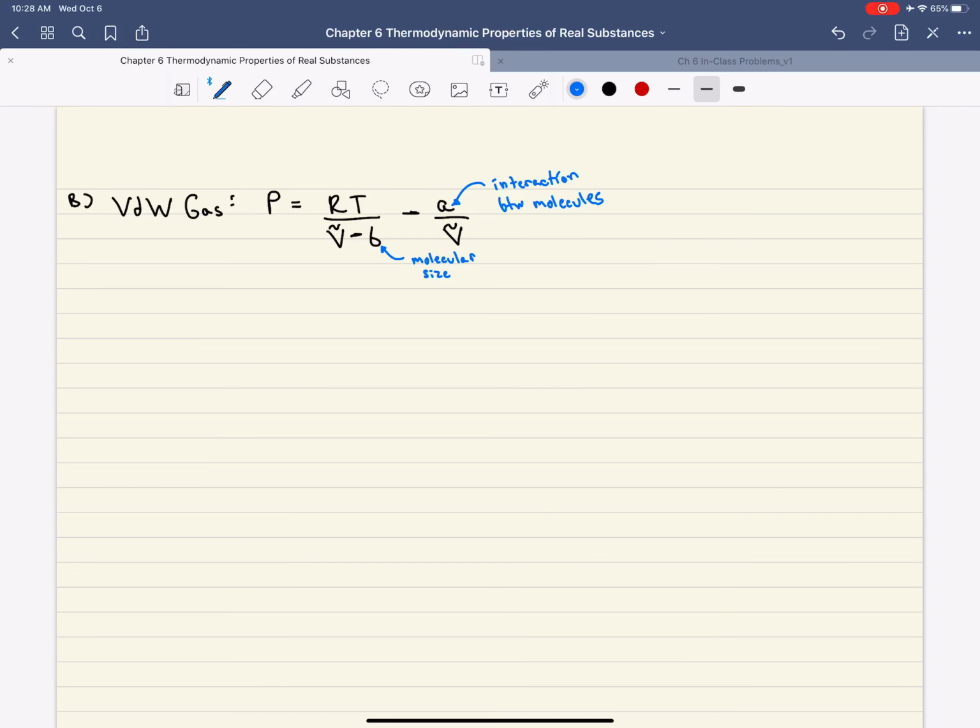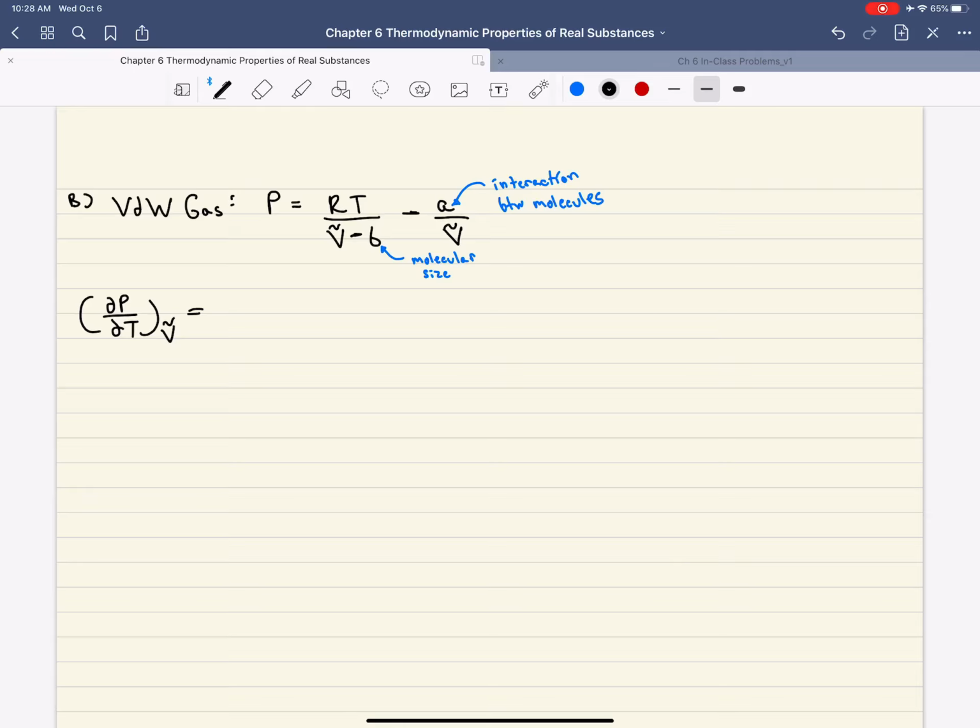Okay? And so, let's take the partial derivative of it with respect to temperature at constant molar volume. In the van der Waals gas, the only term that has temperature is this first term. If we take the derivative of the second term with respect to temperature, that would just go away and be 0.